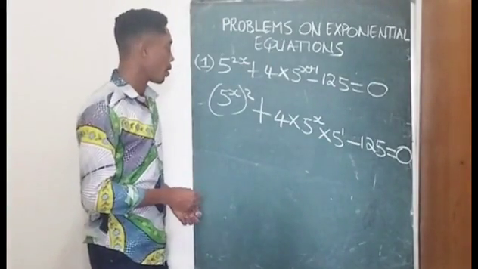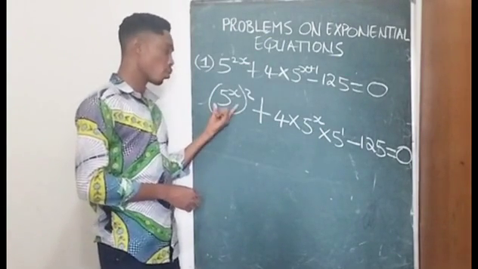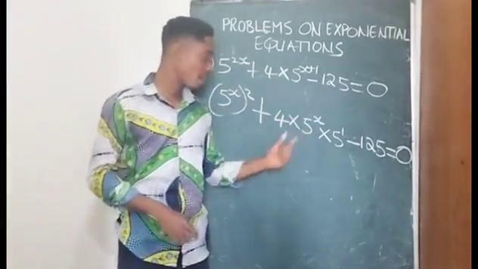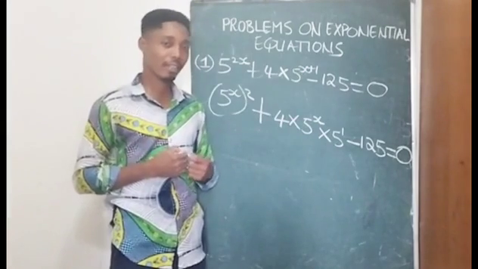From here, you would agree with me that I am seeing 5 raised to power x. This suggests something.